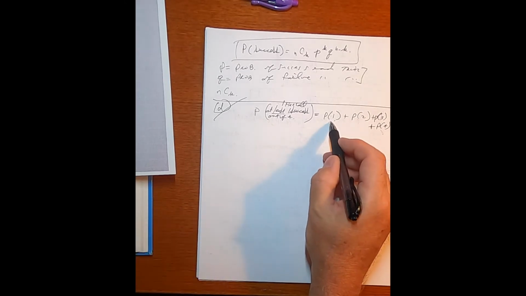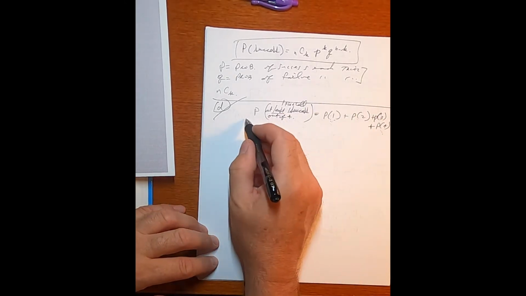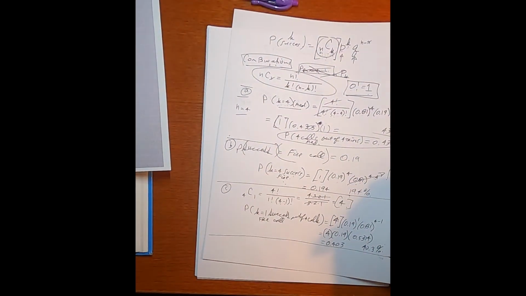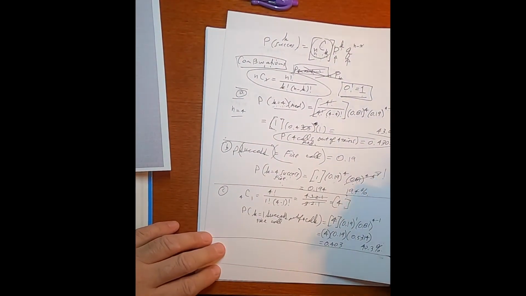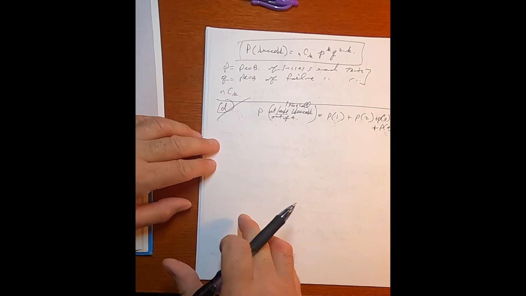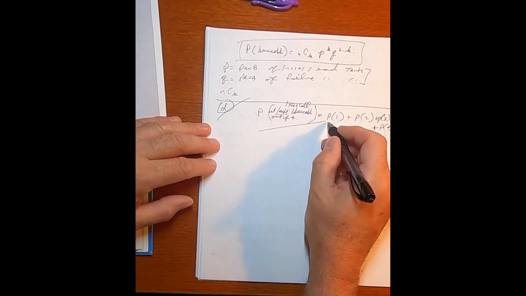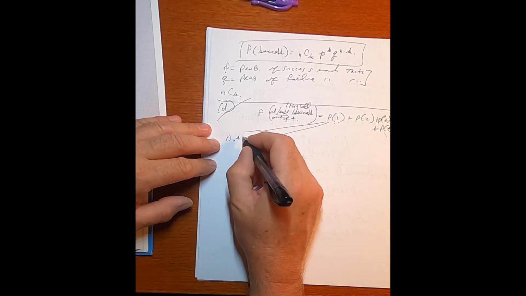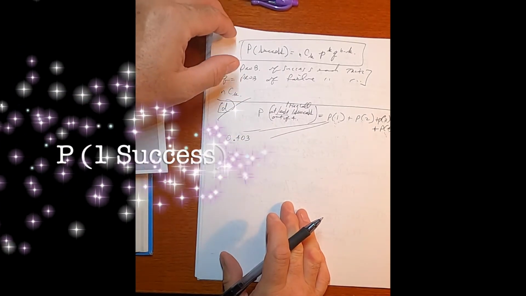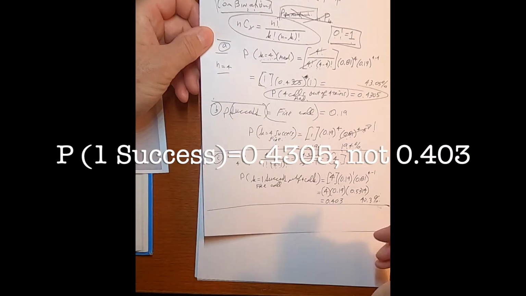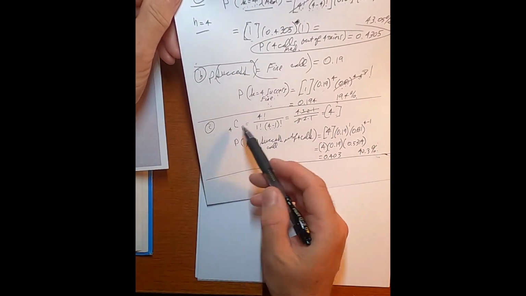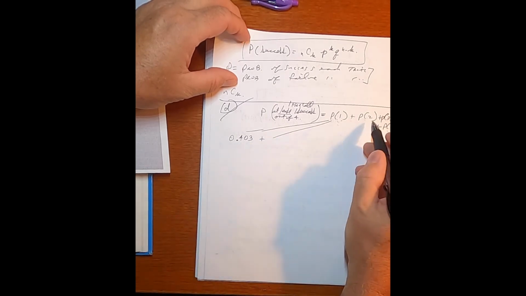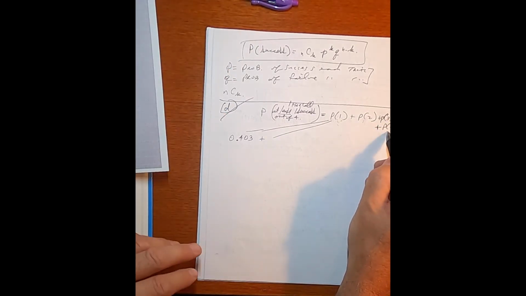We already have the probability of 1 success from our previous example, and that was 0.403. There's your probability of 1 success from the previous part of the problem. Now we have to do the probability of 2, probability of 3, probability of 4.